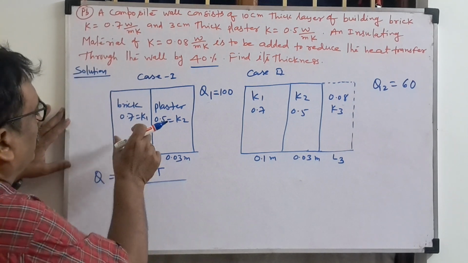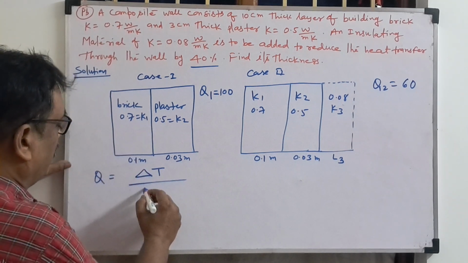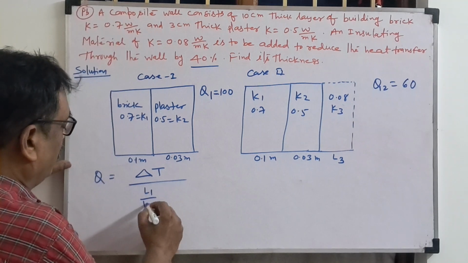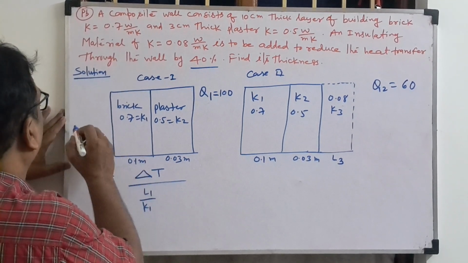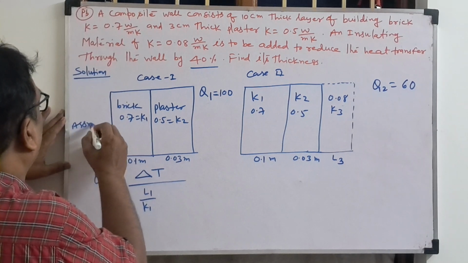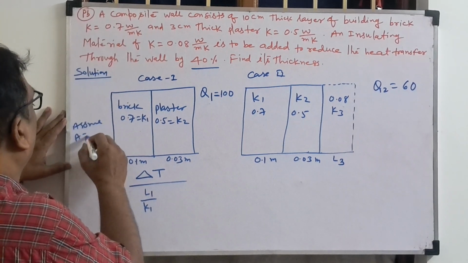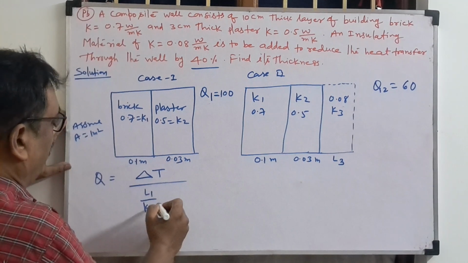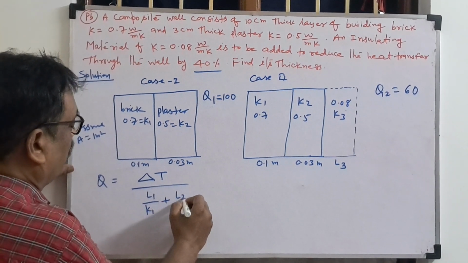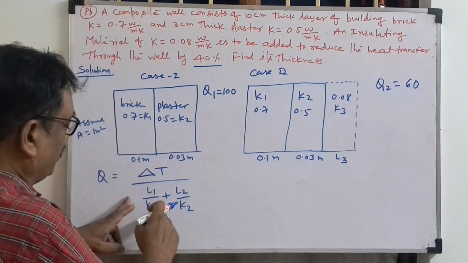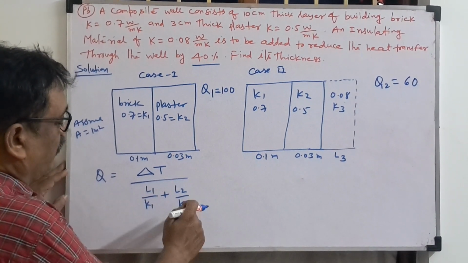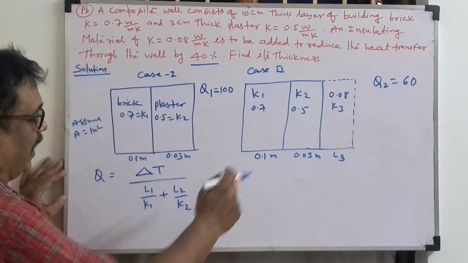Then what is the thermal resistance for the first layer? For the first layer we know L1 by K1. Area A is not given, so assume A is equal to 1 meter squared, so I am not writing it here. Plus L2 by K2. For one wall the temperature difference is L1 by K1, for the second wall just add, and a third will be added like this.